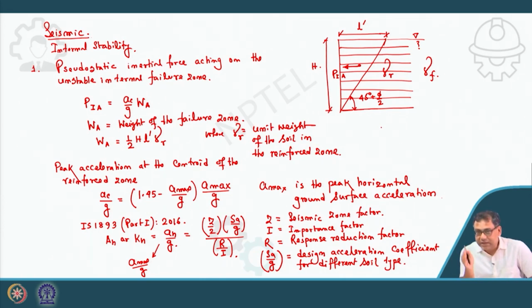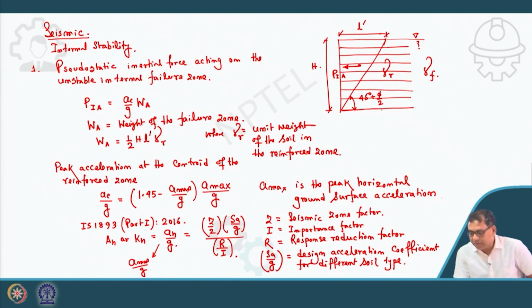So, I have to distribute more PIA to the bottom reinforcement layer, because its resistance area is more. Clear? And remember that this triangular failure surface I have considered is for the extensible reinforcement. If it is inextensible, you have to consider a different shape of the failure zone, and that I have discussed.